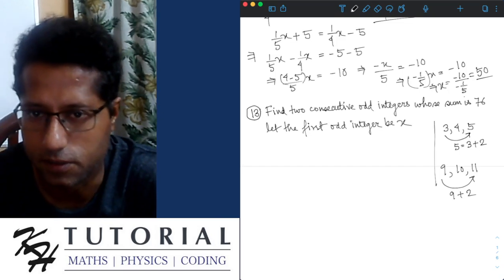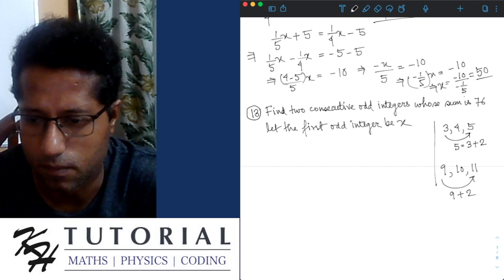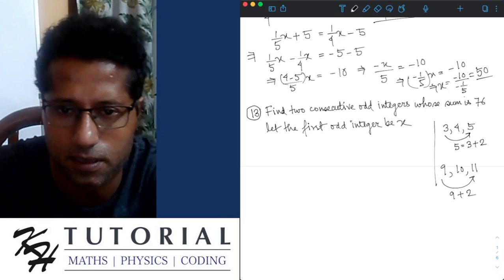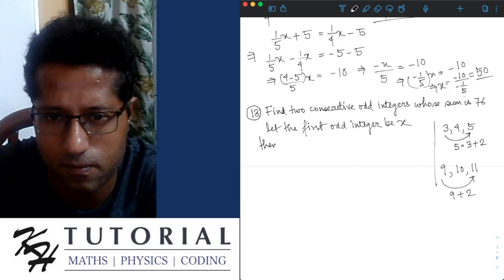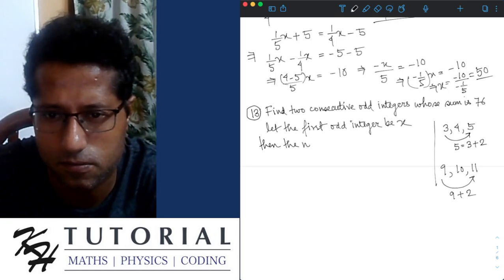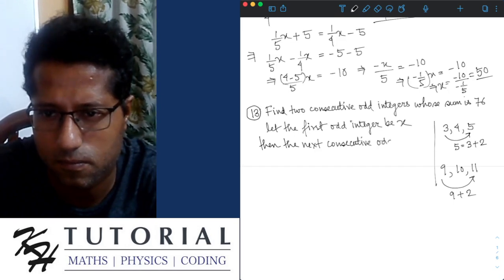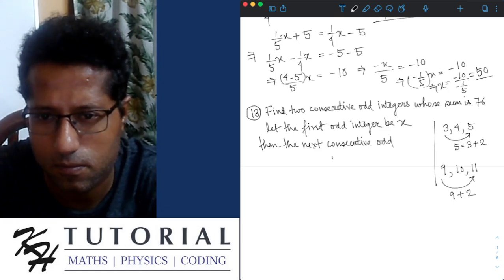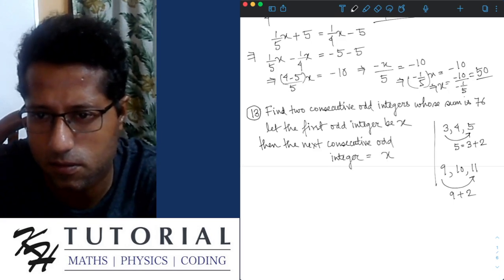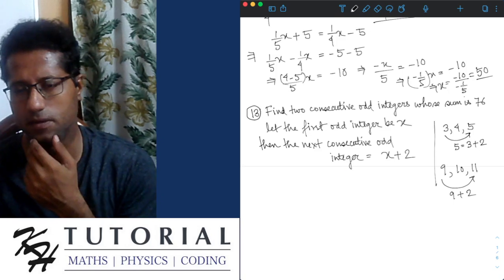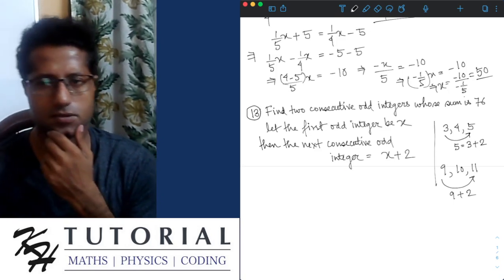Any odd integer. So if you consider the first odd integer to be x, then the next consecutive odd integer equals x plus 2, because if x is an odd integer, then the next number will be x plus 1, that will be an even integer, and hence x plus 2 will be the next odd integer.